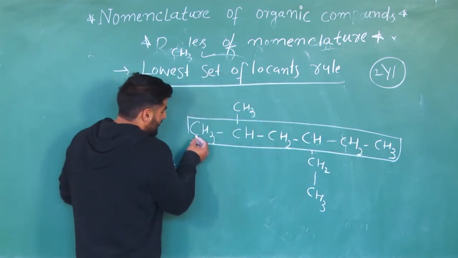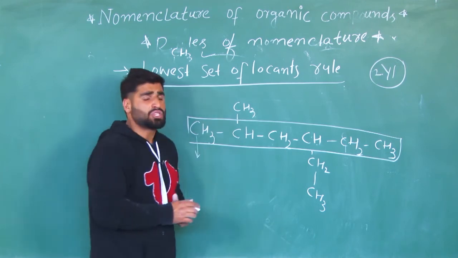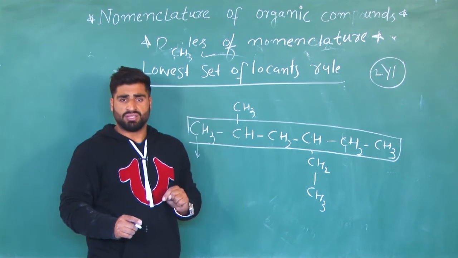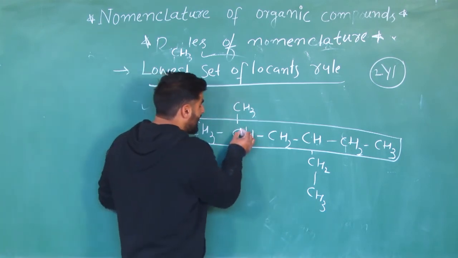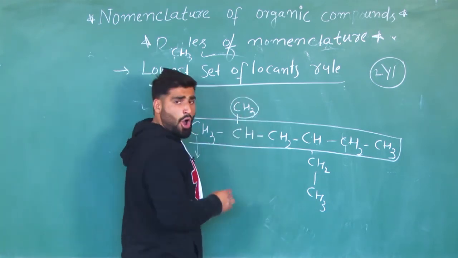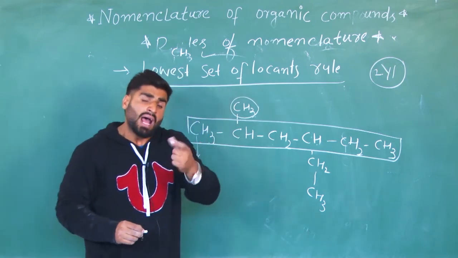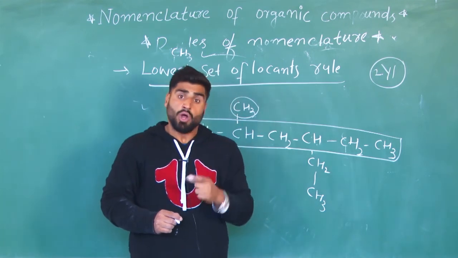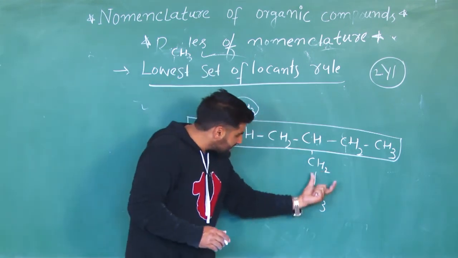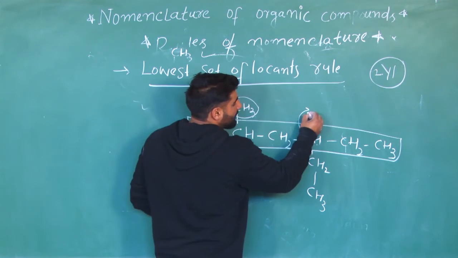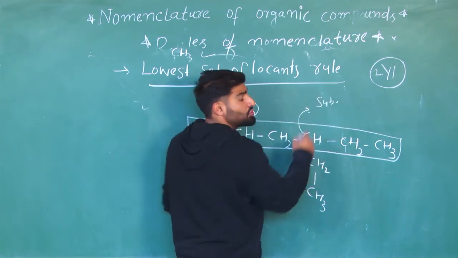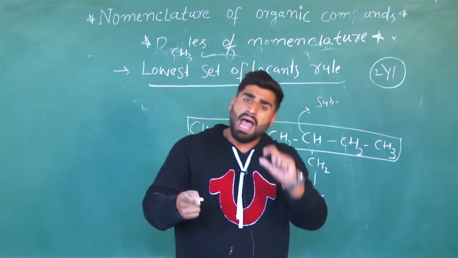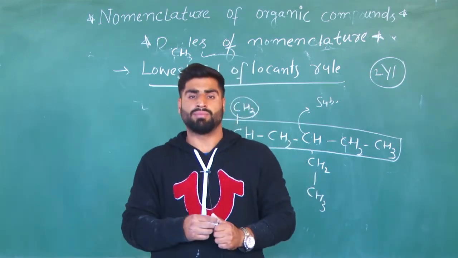Listen students, this carbon is not a substituted carbon because it does not have any side chains. The carbon that has side chains on it, linked with another carbon atom via side chains, not the continuous chain, is known as a substituted carbon because substituted carbons have a substituent on them.